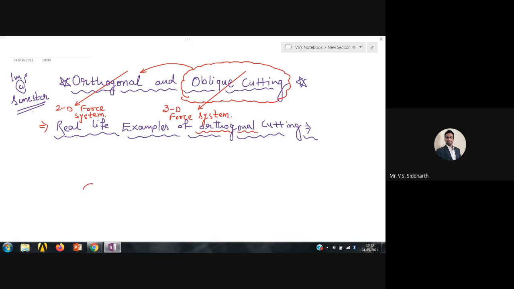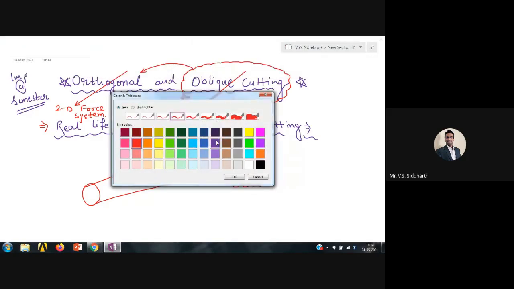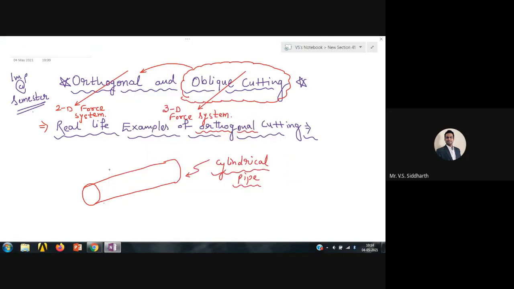Let us say that you have a cylindrical pipe, something like this. This is a cylindrical pipe. Now, I ask someone of you to cut it into two parts. So what will you do?